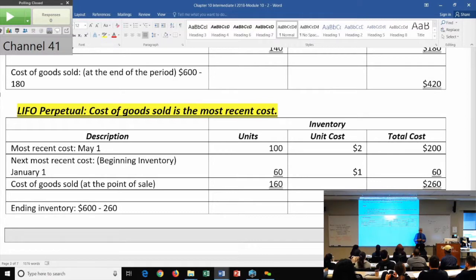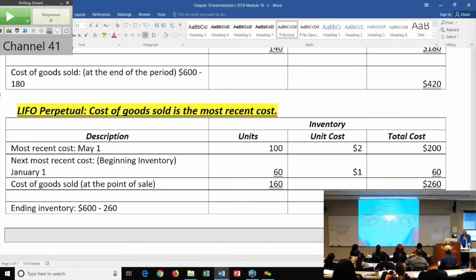What could you do? You could buy more units or produce more units at higher prices. So in many cases, people would say to properly manage the business, you make that purchase, right? You make the purchase to try to maximize your taxes. What if you know you're going to have your sales of 160 here?